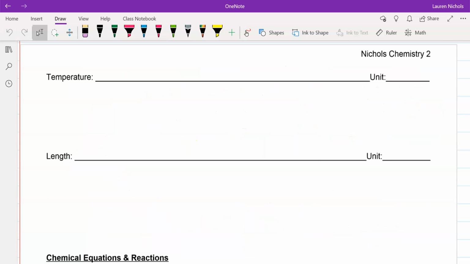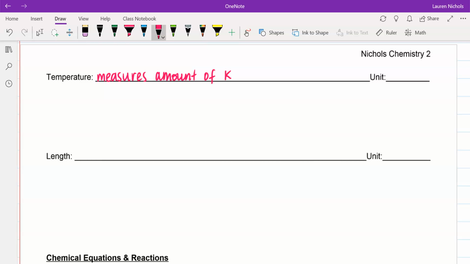Okay, so with temperature, the main thing that we want to talk about is it measures how hot something is, but hot is not really an accurate science term. So when we're talking about temperature, it measures the amount of kinetic energy in atoms.